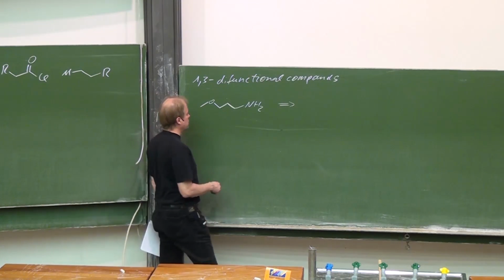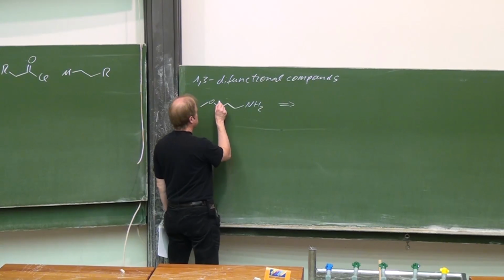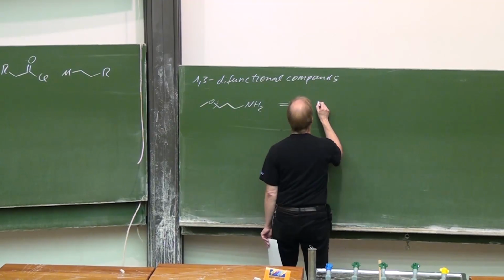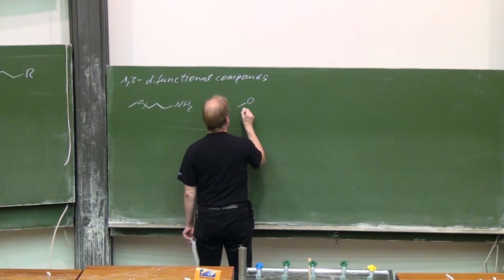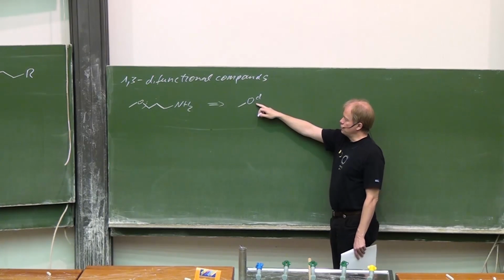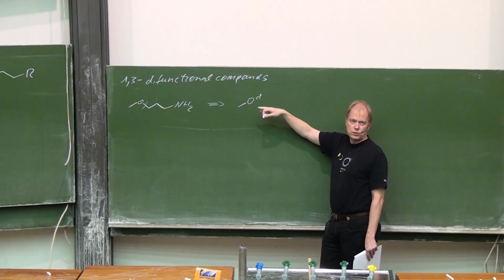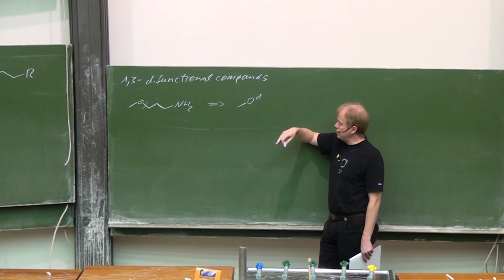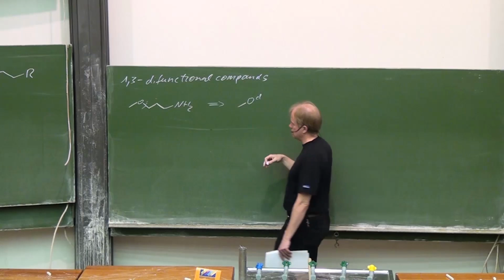Well, okay, we could disconnect here, and then we would have this oxygen with a donator functionality, this synthon. Well, sodium methanolate would be the compound that shows that reactivity of that synthon.